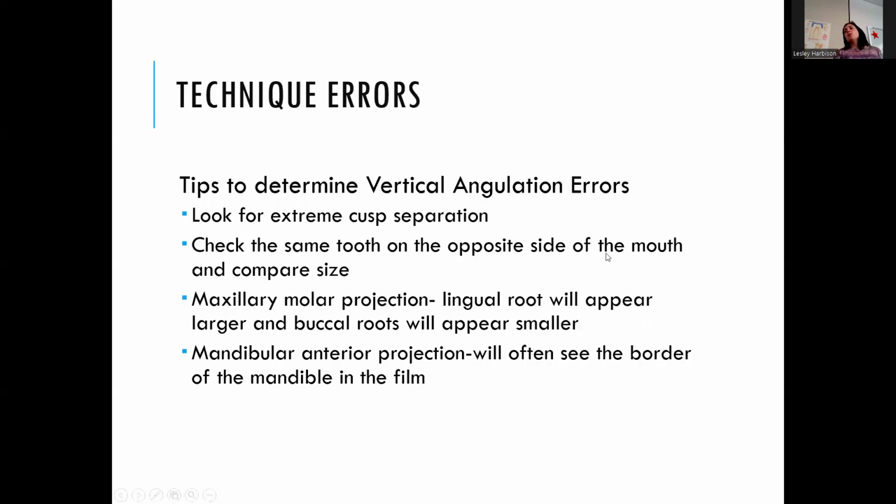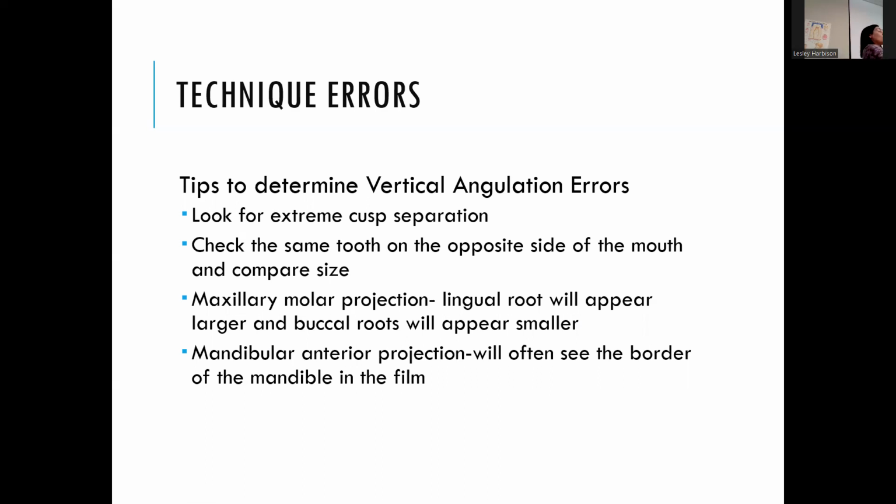So, tips to determine vertical angulation errors: look for extreme cusp separation. Check the same tooth on the opposite side of the mouth. Did the roots seem long everywhere, or is it just that one image? Maxillary molar projection: the lingual root will appear longer, and the buccal roots will appear smaller. That's just because of the distance.